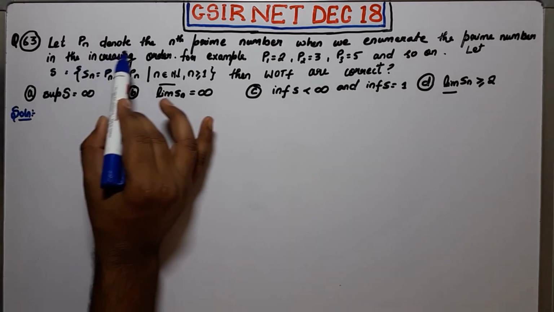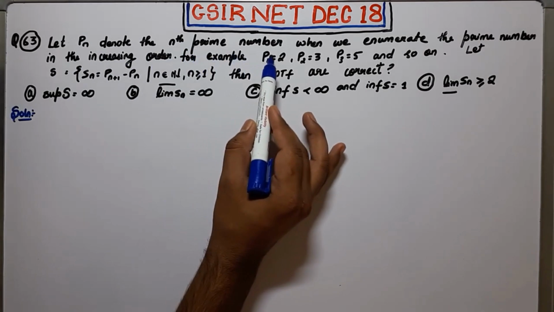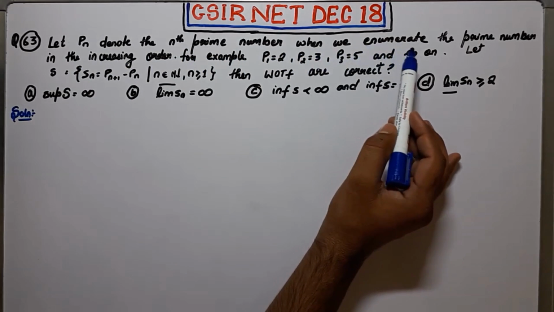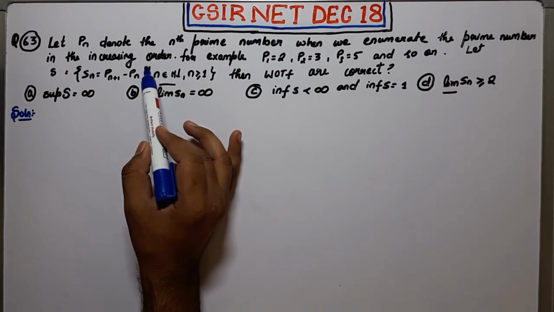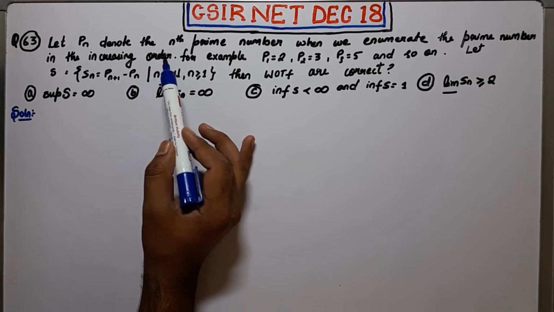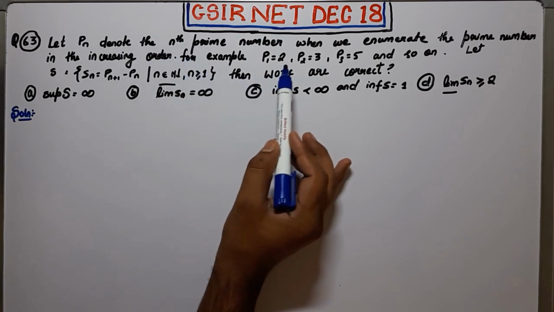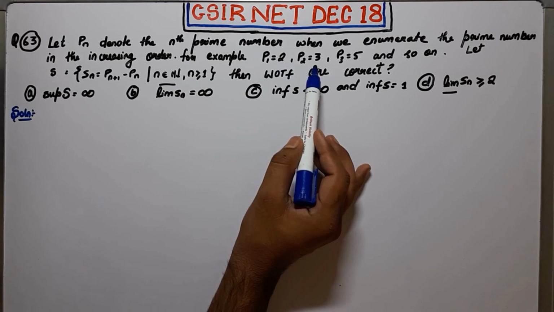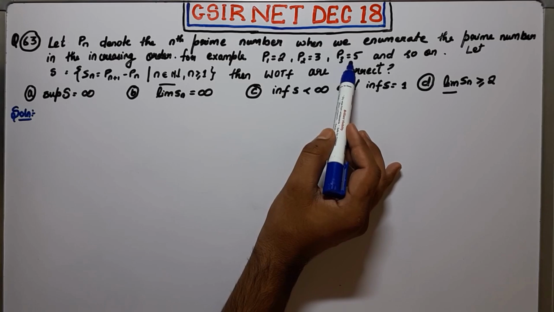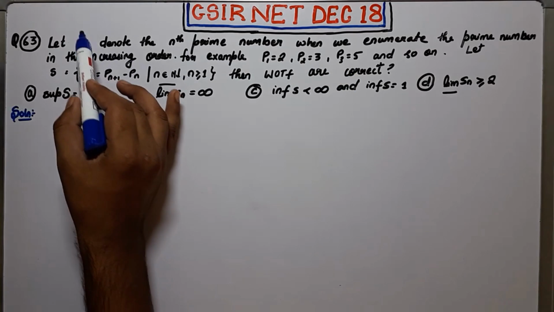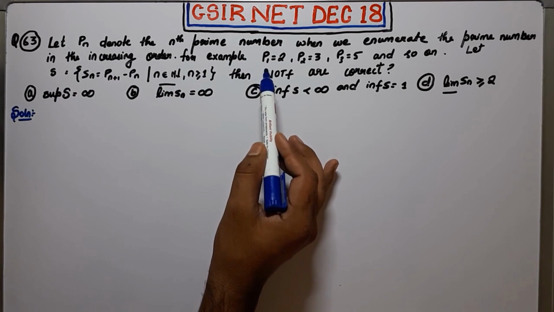Let Pn denote the nth prime number when we enumerate the prime numbers in increasing order. So Pn is the nth prime number. That means 2 is the first prime number, 3 is the second, and 5 is the third. So we are taking Pn as a sequence of primes in increasing order.